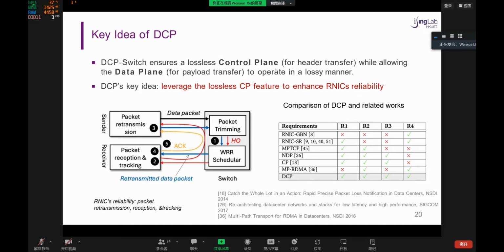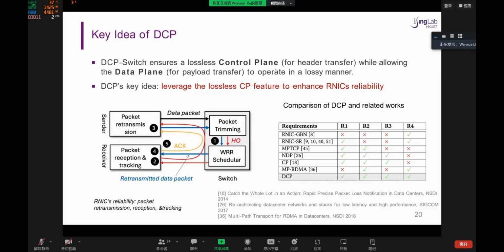So the receiver has the whole view of the congestion condition. For example, if the receiver receives more header-only packets, it can think the network is more congested.